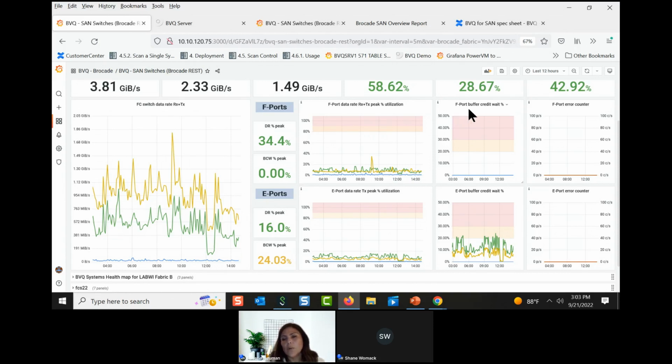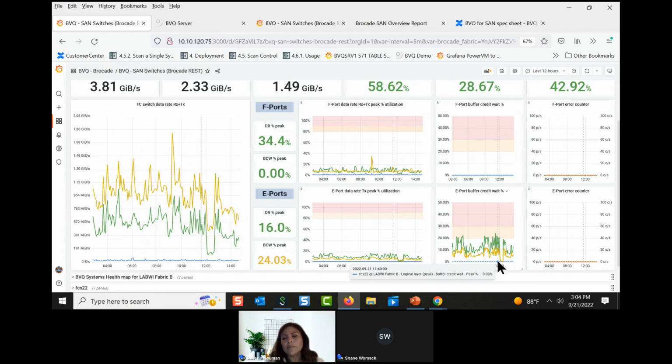And this is what we report on here. In this case, we see that the E port is experiencing a high buffer credit wait utilization over this period of time. So this is an indicator that you need to keep an eye on to see if this is happening over a long period of time or gets to be in a critical situation.